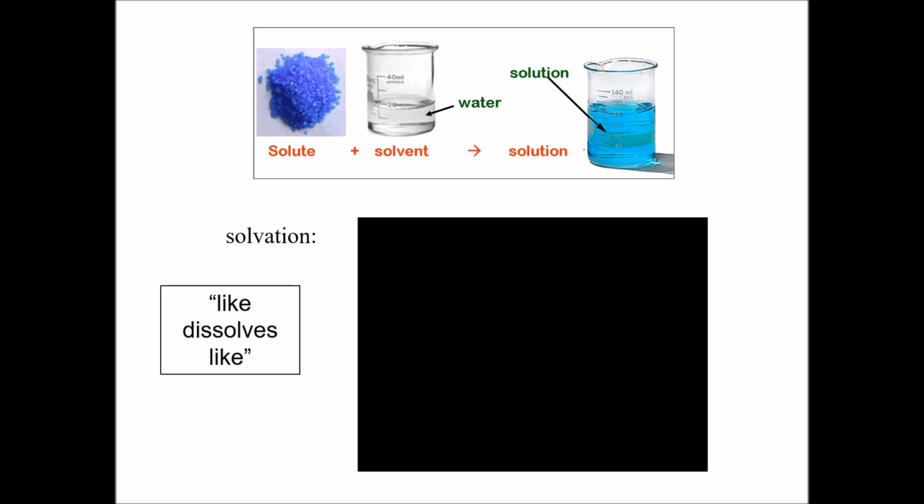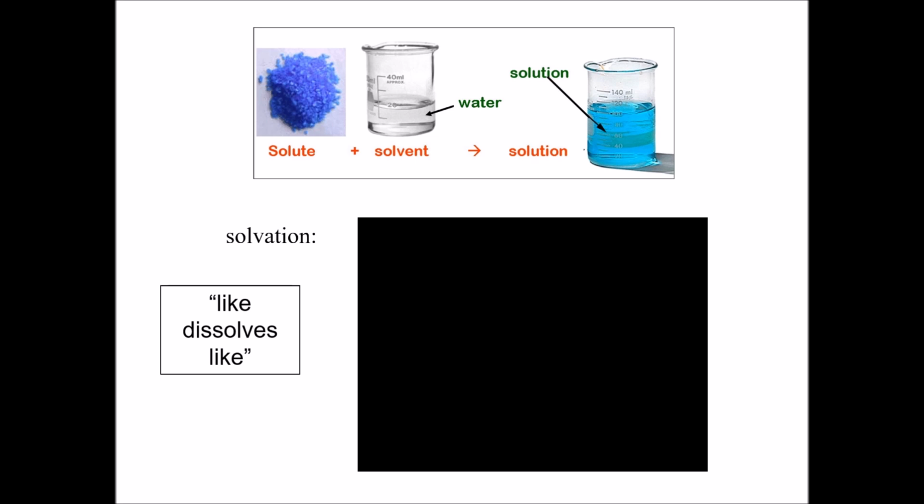And how do you know if a solute will dissolve in a solvent? We use the term like dissolves like. Right? What does that mean? That means that the solute and the solvent have to be attracted to each other in some way. If they're not, they won't mix.